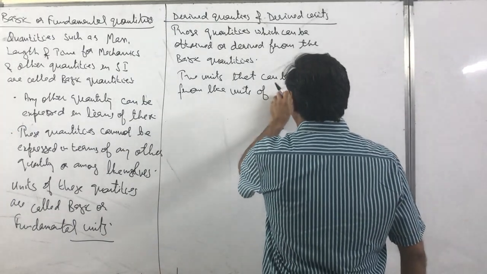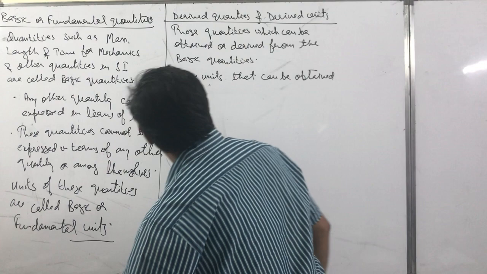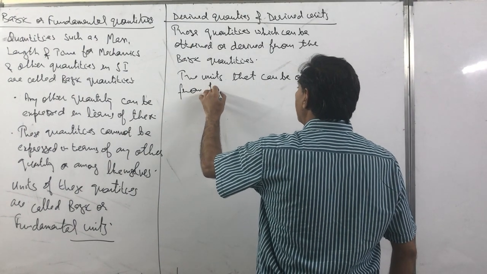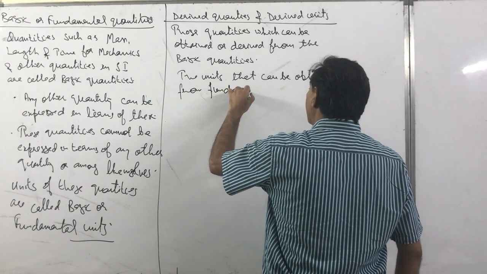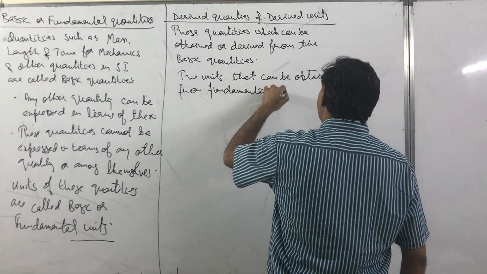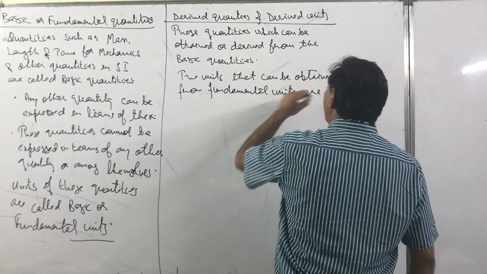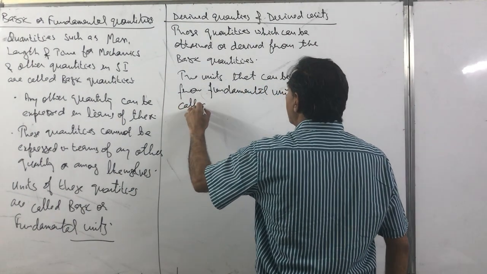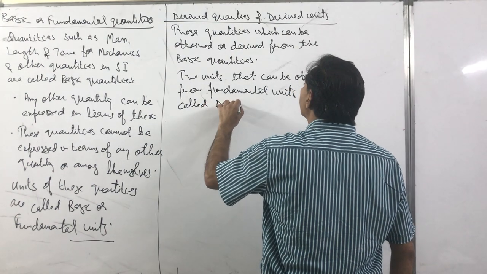Simple. Let's keep it simple. The units that can be obtained from fundamental units are called derived units.